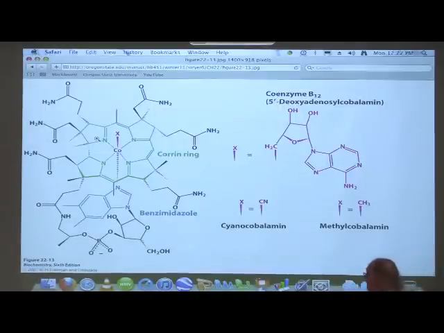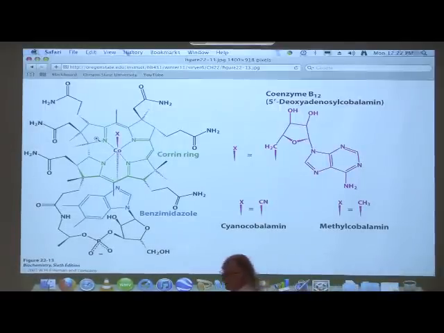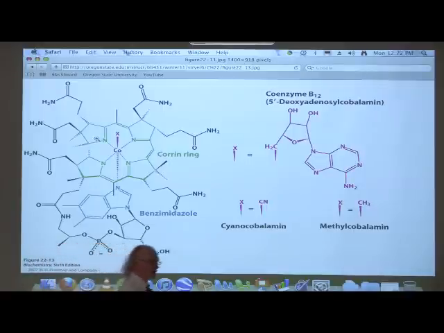That B12 looks like this. B12 is a very elaborate, very complicated compound, and the cobalt that you see right there is involved in grabbing a hold of that methyl group and facilitating that swap in configuration. So the cobalt plays a very important role in that process.